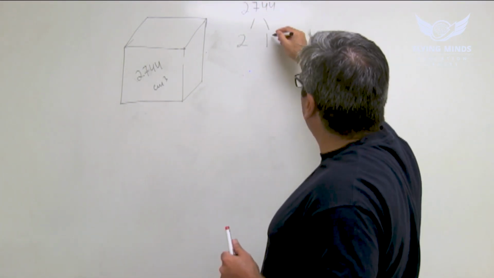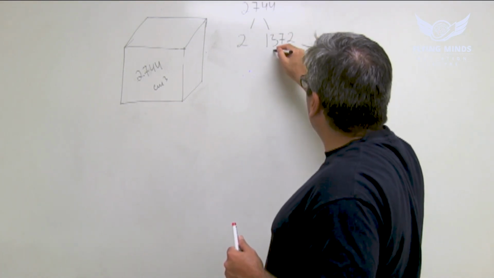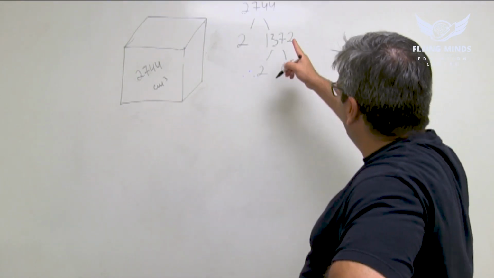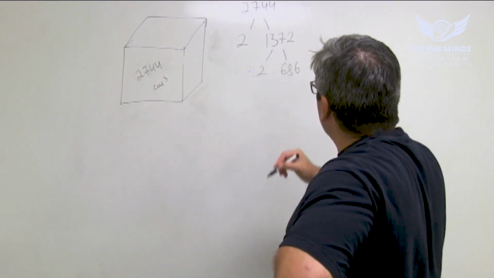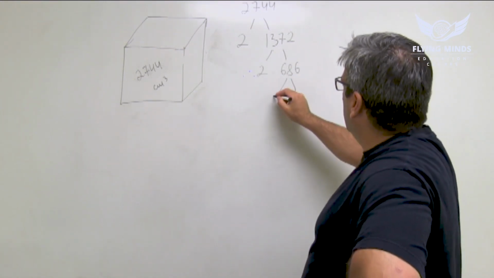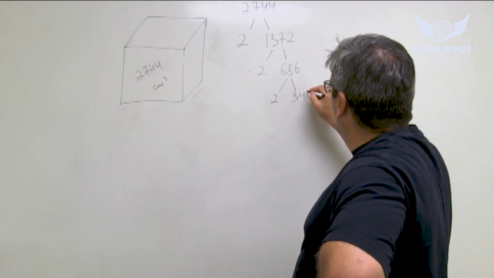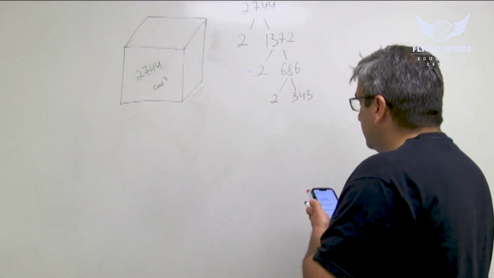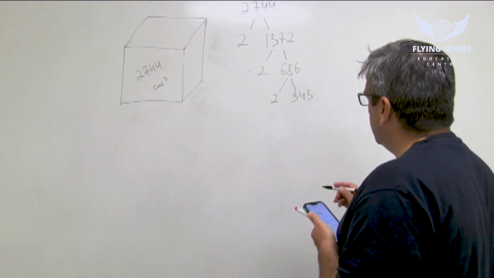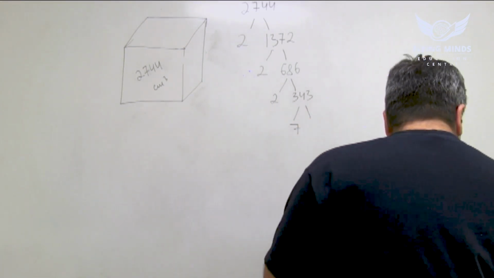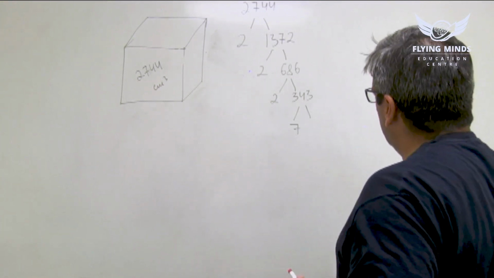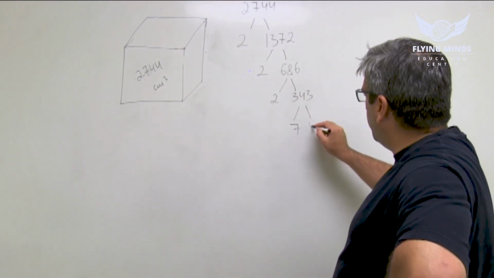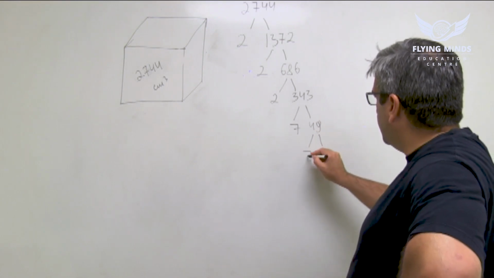So 2,744 divided by 2 is 1,372, then 686, then 343, then 49, and 7 and 7.